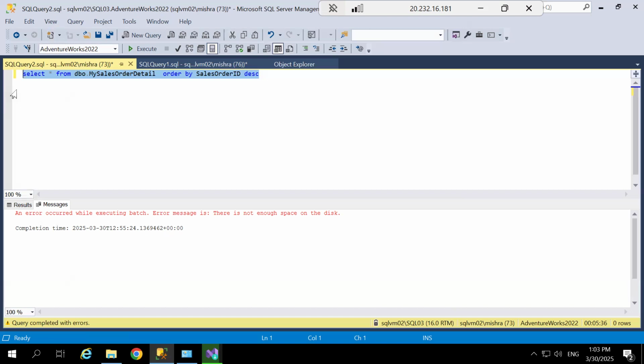There is a relation between scheduler, processor, and worker. Let us try to understand that.